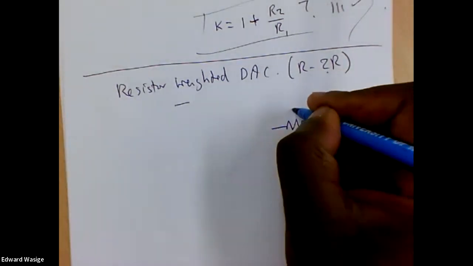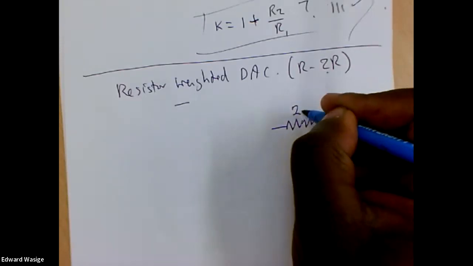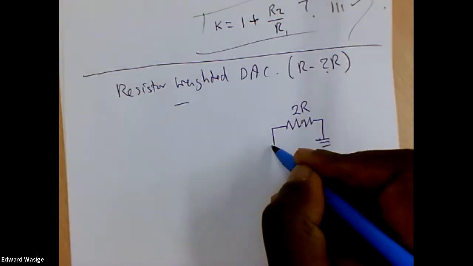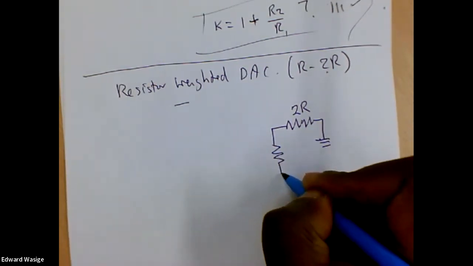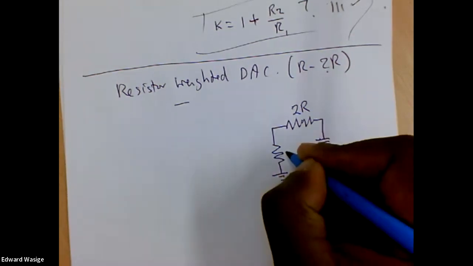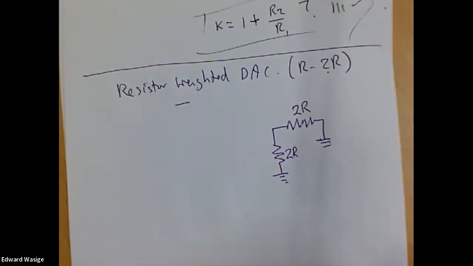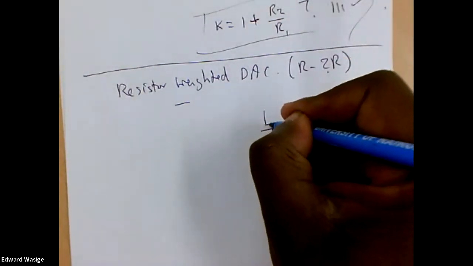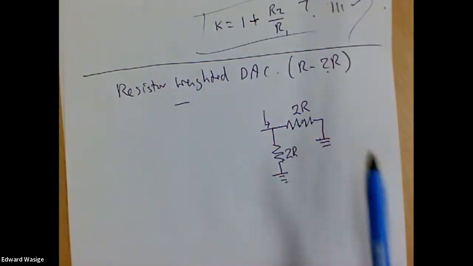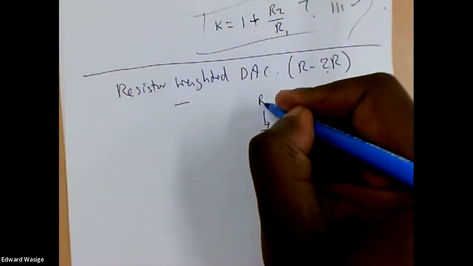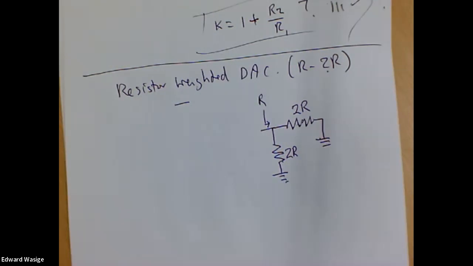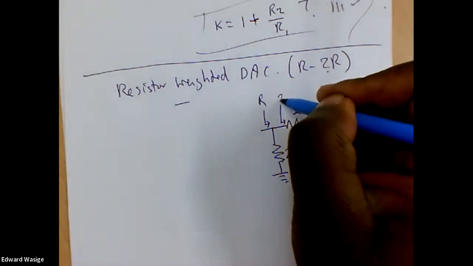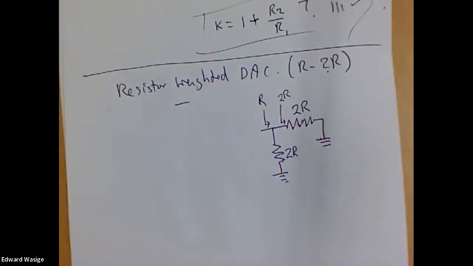So if I start off with a resistor whose value is twice R, and then in parallel, I put another resistor whose value is R. These two resistances are in parallel, and therefore, if I look at the circuit to the right, the input resistance that I see there is R. So if I just looked from that point to the right, the input resistance I see is 2R.